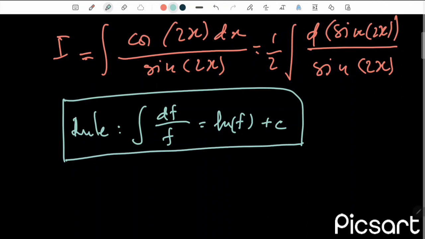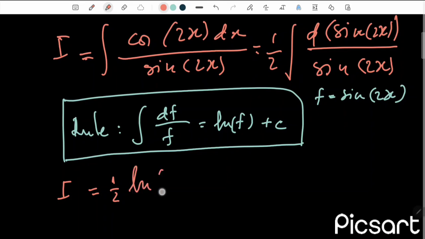Then here we can see that our f function is equal to sine of 2x, so that we now have I equal to ln of sine of 2x plus c.